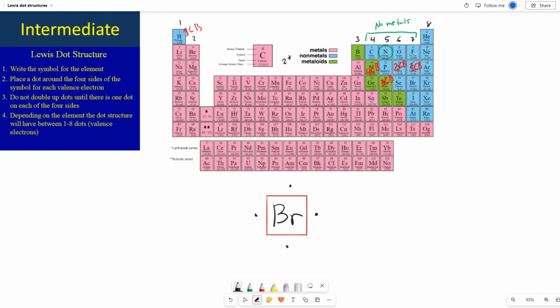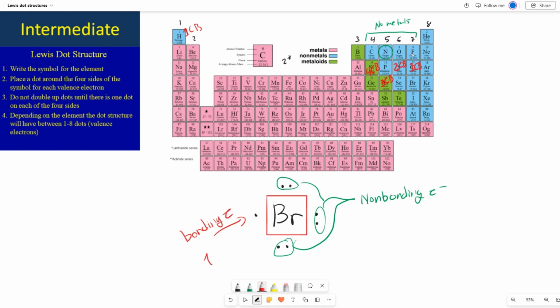That's 4. And then you start doubling them up. 5, 6, 7. So we have 3 pairs of non-bonding electrons, and then only 1 bonding electron. So bromine will make 1 bond.